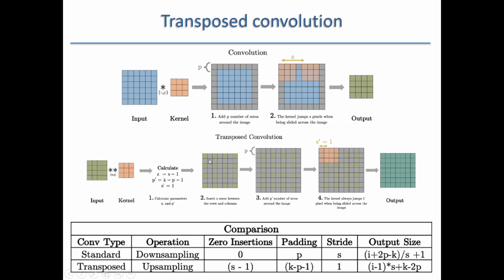If you do a stride of 2, you will insert a 0 between every 2 input pixels. So you will have an input pixel, then 0, and then another input pixel, and then another 0, and so on. Then you also have the concept of padding, and then you apply your kernel to this larger image with stride prime equal to 1. So this is the transposed convolution.